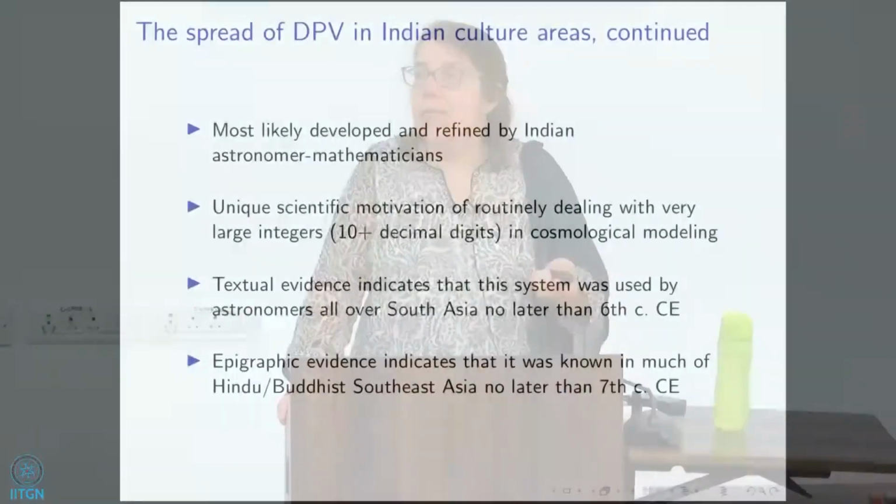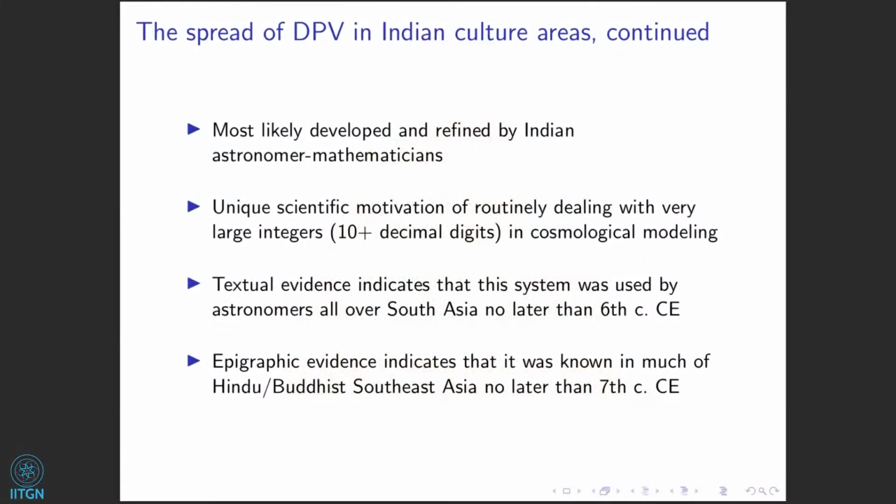And to recap, we have our textual evidence indicating that the system was used by astronomers all over South Asia no later than the 6th century of the Common Era. And our epigraphic evidence from inscriptions indicates that it had reached much of Hindu and Buddhist Southeast Asia no later than the 7th century.